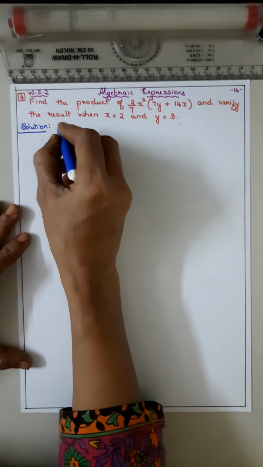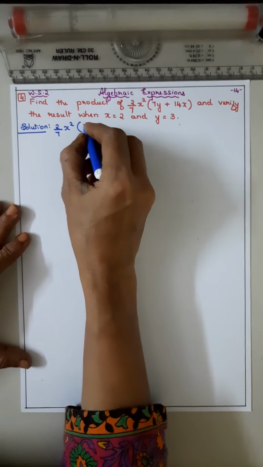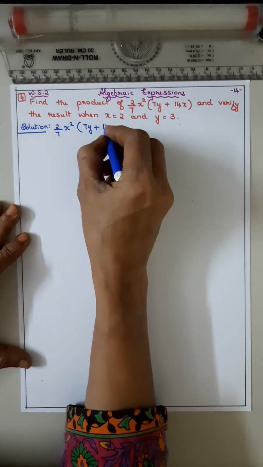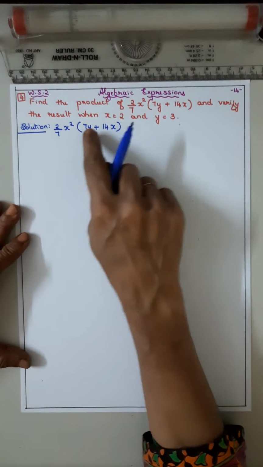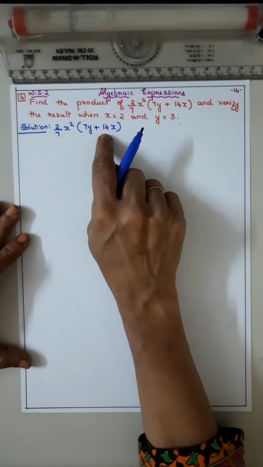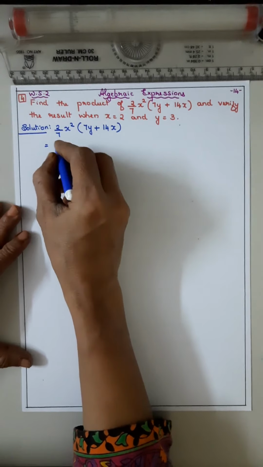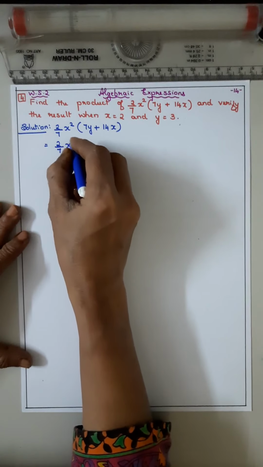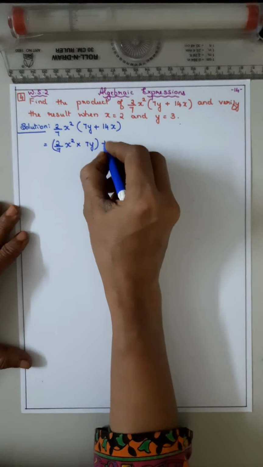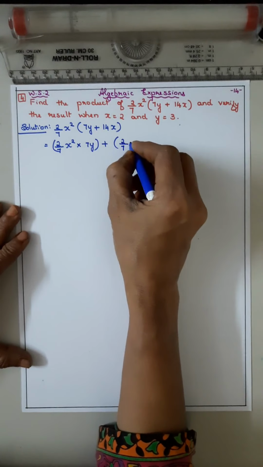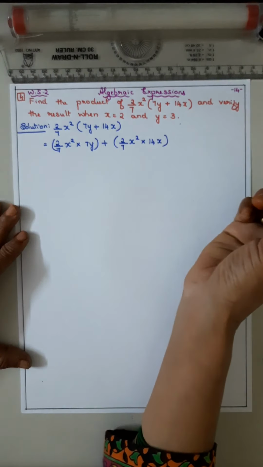Write the question, that is 2/7 x squared (7y + 14x). Is it correct? Now it is 2/7 x squared into 7y, put it in the bracket, plus 2/7 x squared into 14x, isn't it?